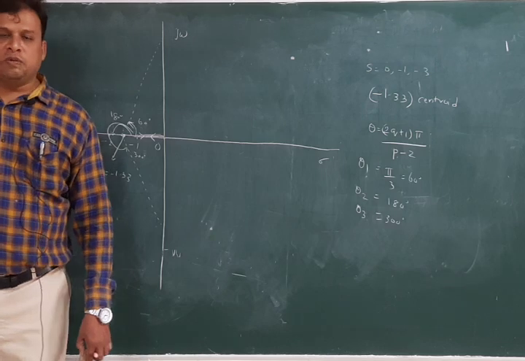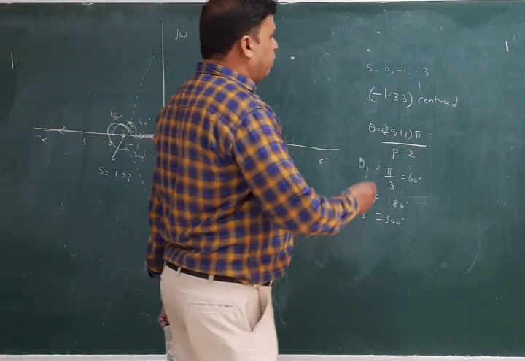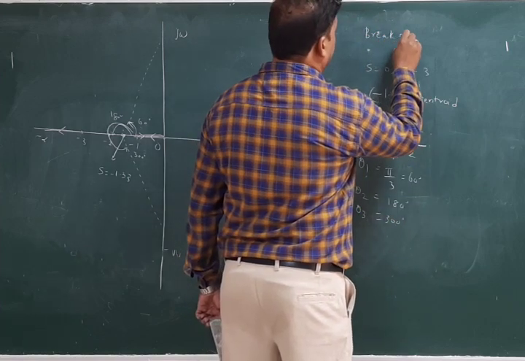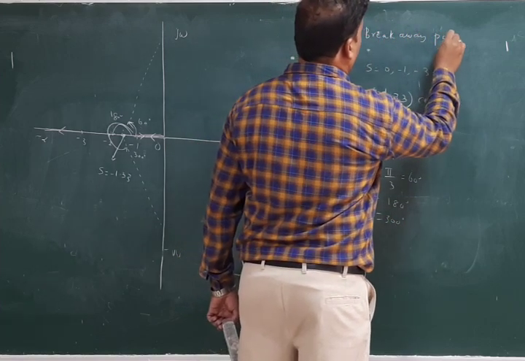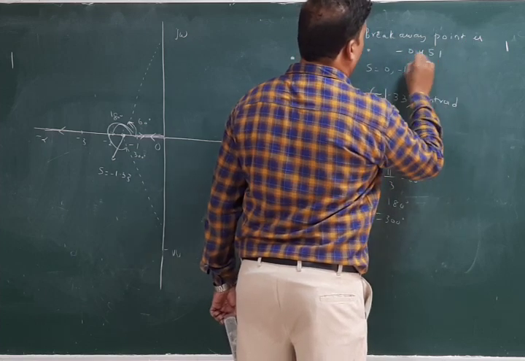Now after drawing the asymptotic angles, the other thing is you have to plot the breakaway point. Where is the breakaway point? Just now we have calculated the breakaway point as minus 0.451.